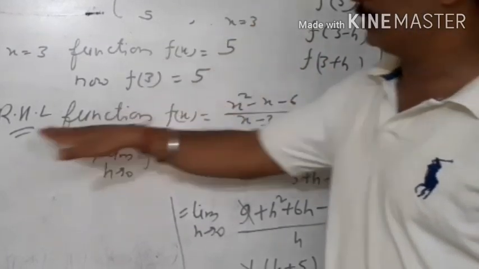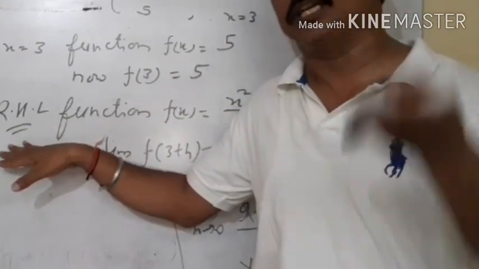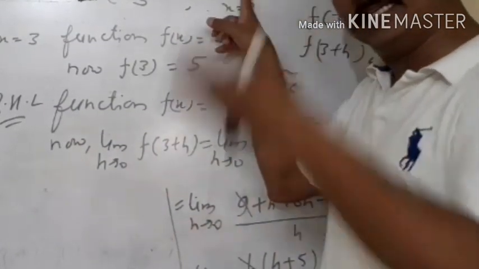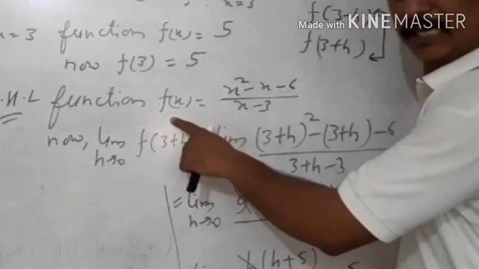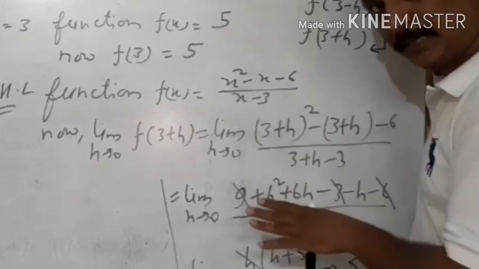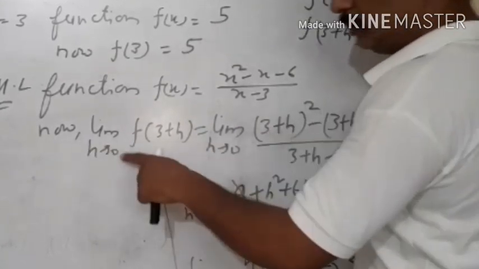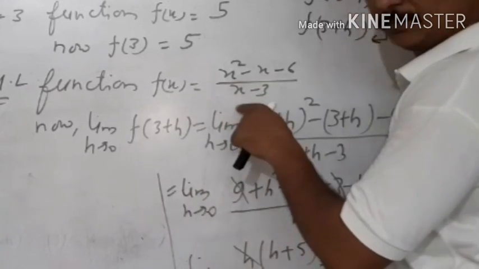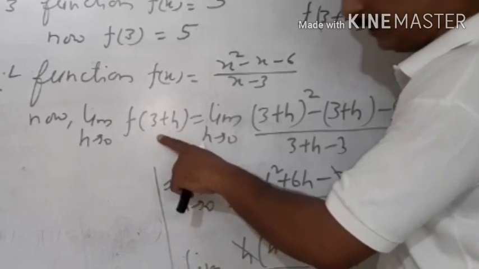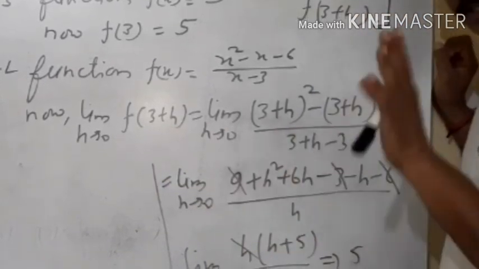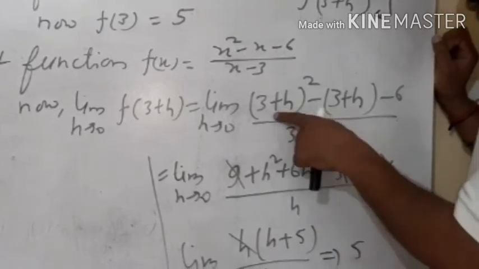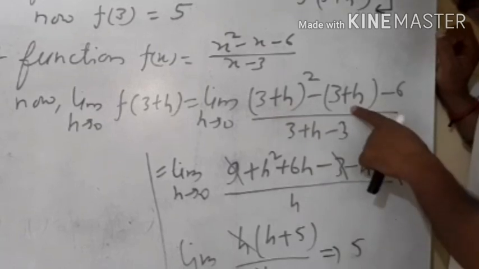Why? Because for RHL x is greater than 3. Here x is not equal to 3 means it may be greater than 3. So we select f(x) is equal to (x square minus x minus 6) upon (x minus 3). Now put the value of x as 3 plus h, here and here and here. Now 3 and 3 cancel out in the denominator and we solve the bracket first.